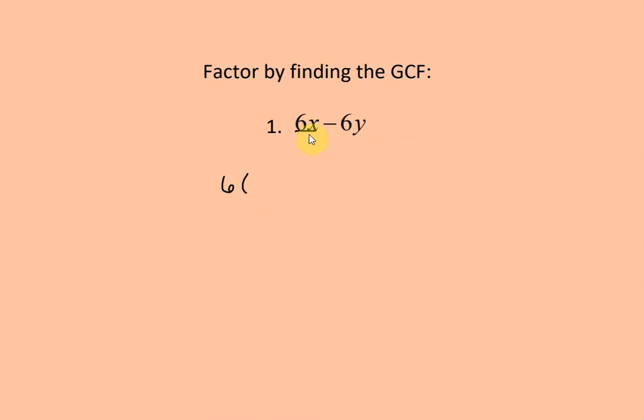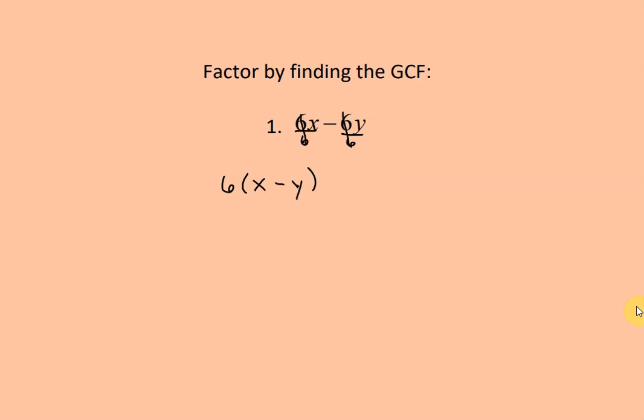So if I were to divide each part of this binomial by 6, let's see what we would have left. The first term, if I divide by 6, the only thing that's left is an x. In the second term, if I divide by 6, I have the minus y left. So this would be my result once I factored by finding the greatest common factor.